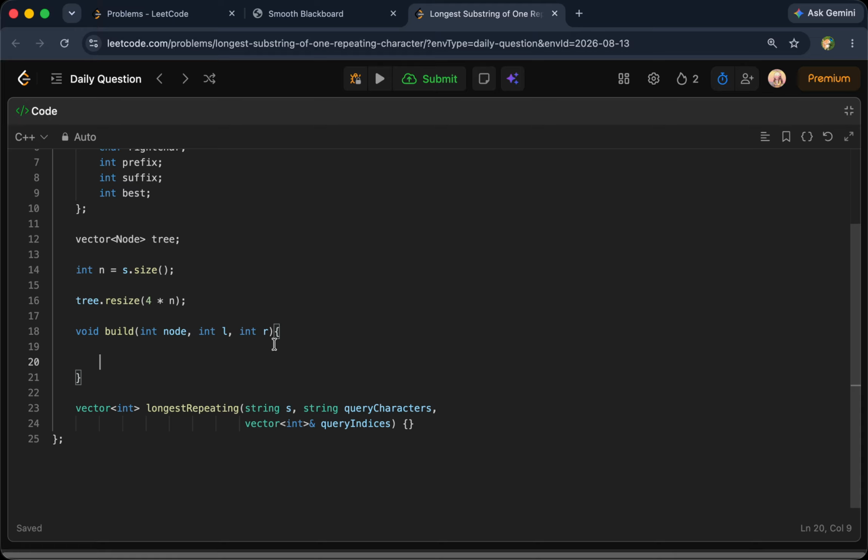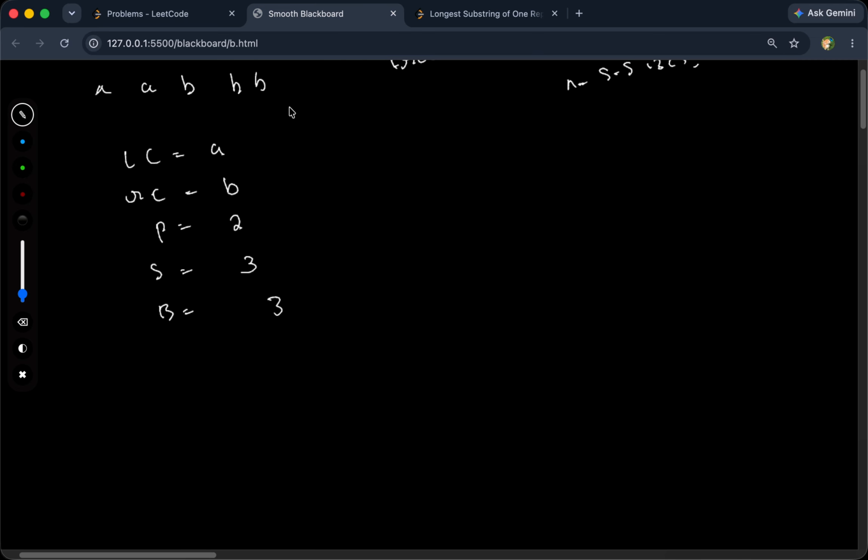Okay, see, for example, it looks like this. So our string is this: build 1 0 3. Okay, so we start at the tree node and handle the string range from index 0 to index 3, that is, indices 0, 1, 2, 3.